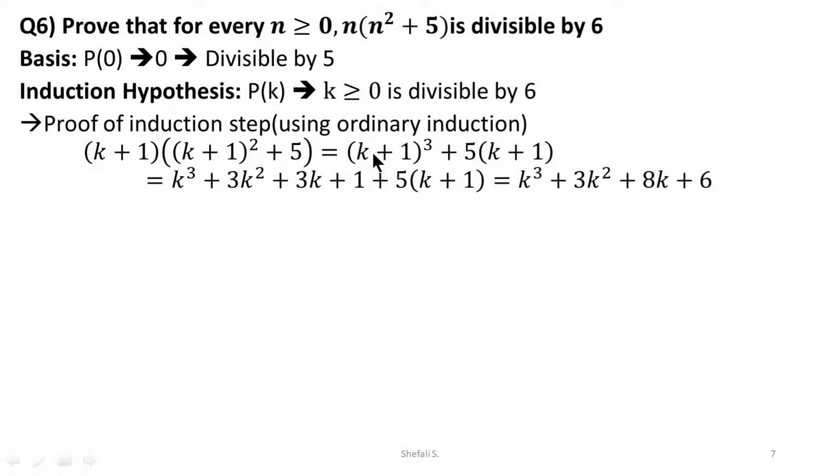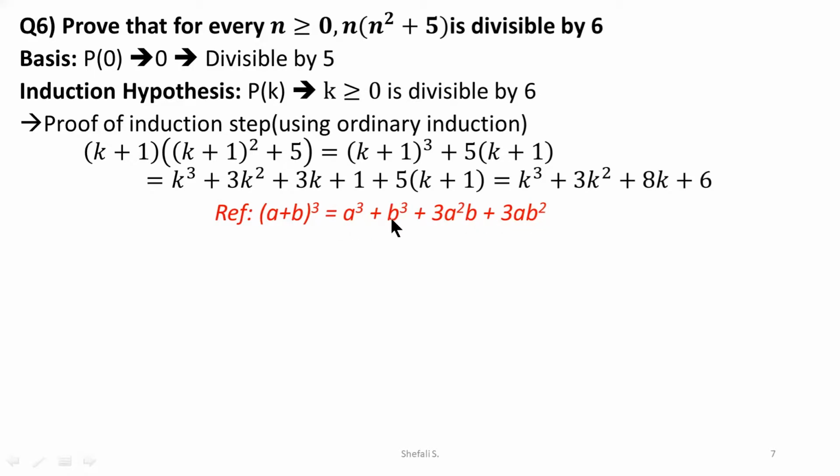Now expanding k plus 1 bracket cube, I can come upon this particular equation. Why? Because I can take reference of the cube of a bracket. So a plus b bracket cube is equal to a cube plus b cube plus 3a square b plus 3ab square.